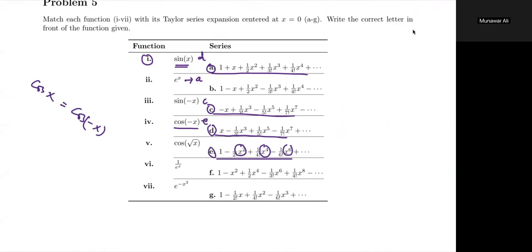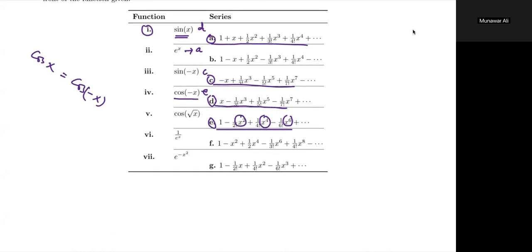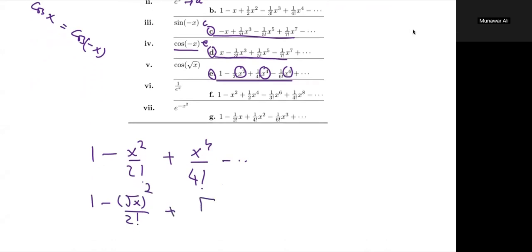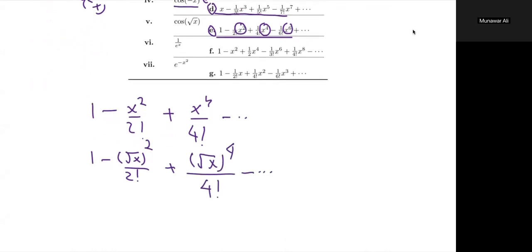And cosine of root x is like you take the series of cosine x, which is 1 minus x squared, and you replace x by root x. So this is root x squared, root x to the 4. Now if you want to simplify this, this is 1 minus x over 2 factorial plus, now you can see 1, 2 will be cancelled from here, and there will be only 2 left, or 4 factorial minus and so on.